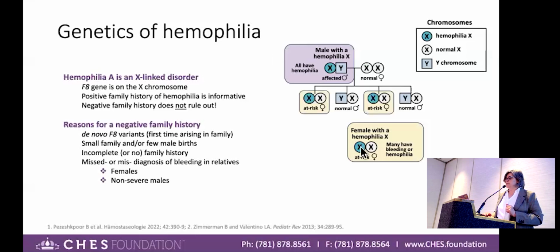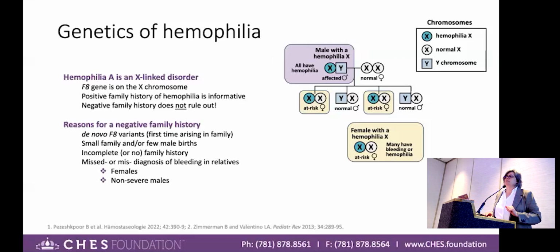So then when we think about inheritance, let's say this male partners with a female with two normal X chromosomes. Every female offspring, daughter, will get his abnormal X. That's what we call an obligate carrier, which is a word I don't love, but that's what we call it.